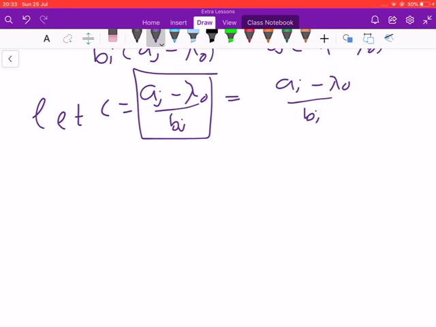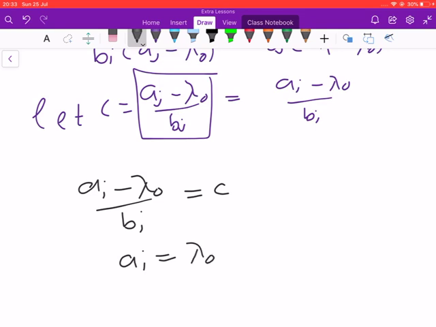If this is going to be equal to a constant C, then you will have AI minus lambda over BI equal to C, and thus AI equals lambda 0 plus BI times C. Okay, fine.